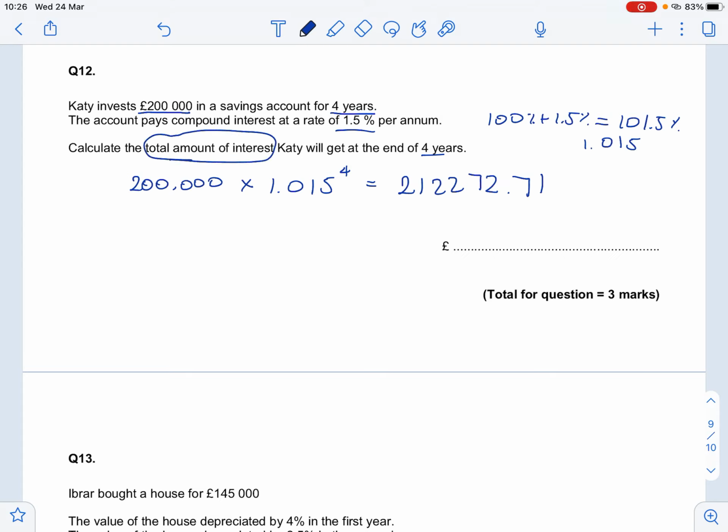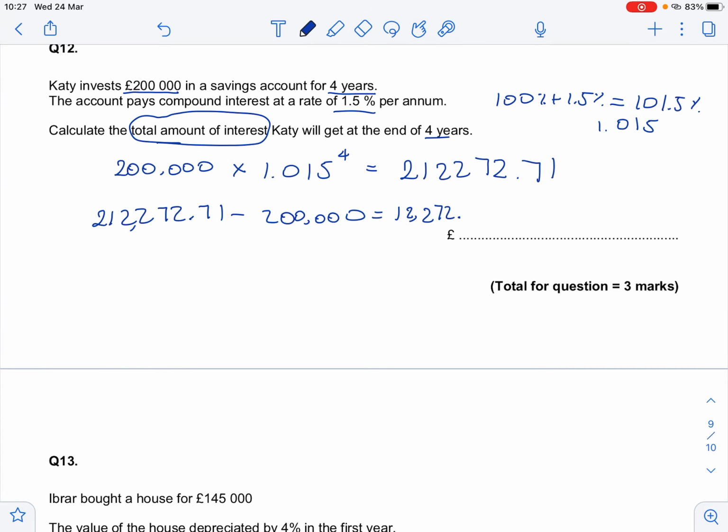So the amount of interest is just your total amount minus your initial amount. So your interest is 272.71.